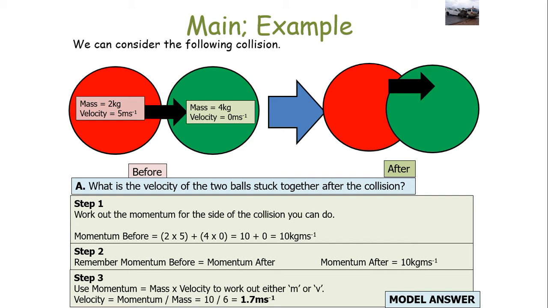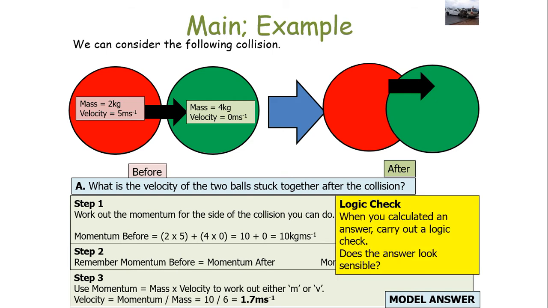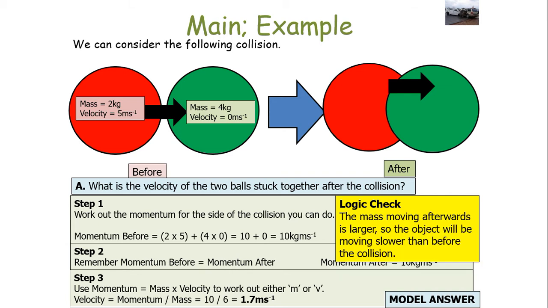Now, we've just got to take a look at that answer after we've calculated it. So we carry out a logic check. Does the answer look sensible? Let's think about it. If momentum is being conserved, the mass moving afterwards is larger, because only 2 kilograms is moving before the collision, but after the collision, 6 kilograms is moving.